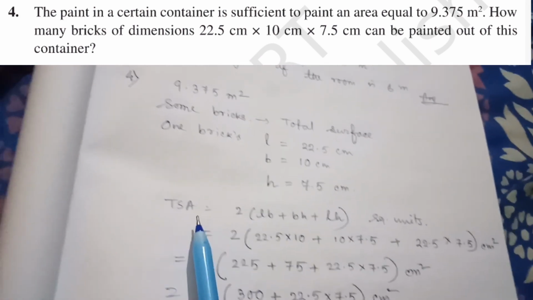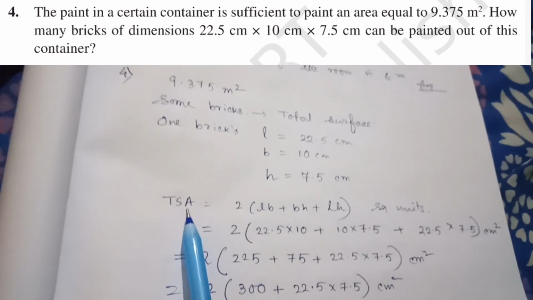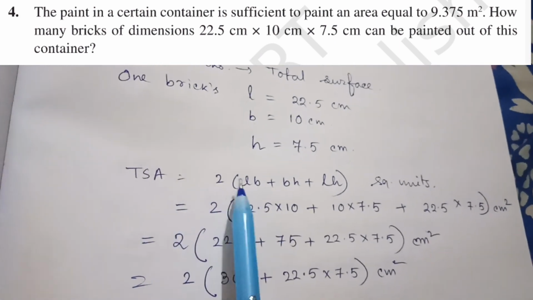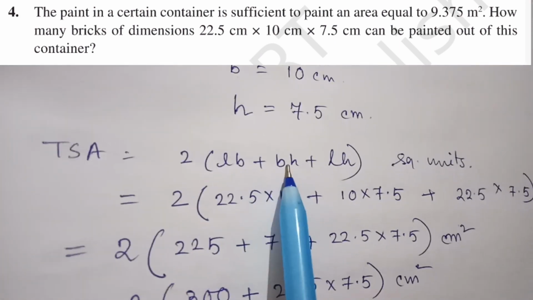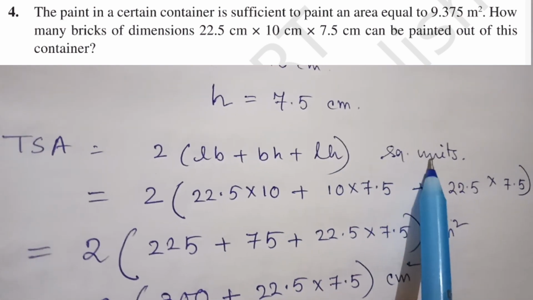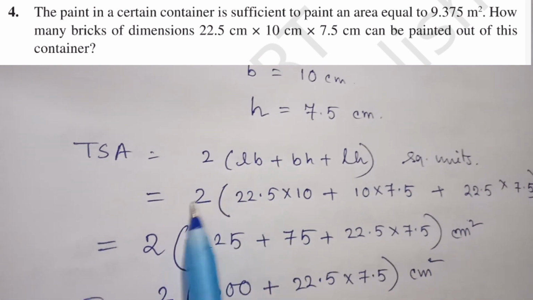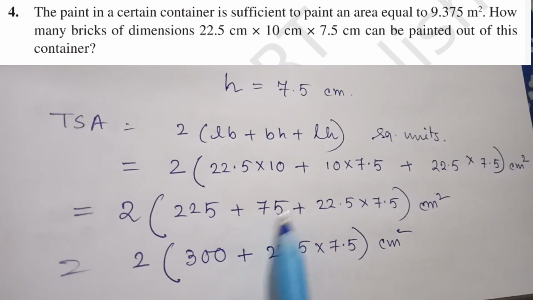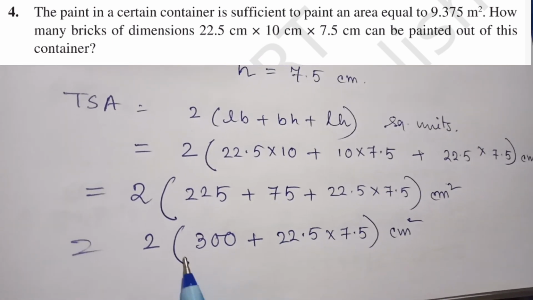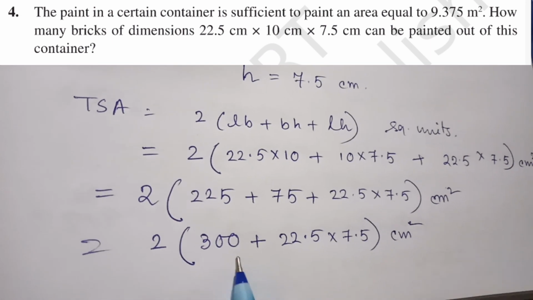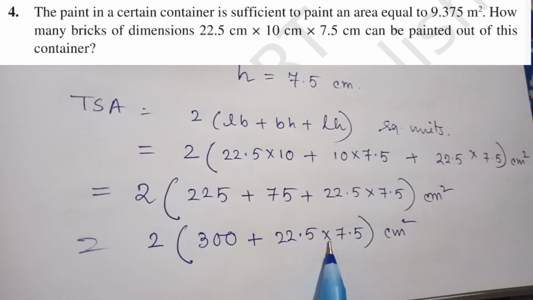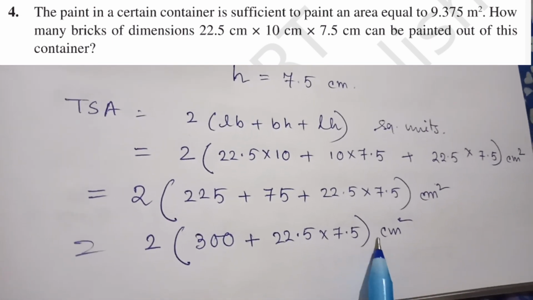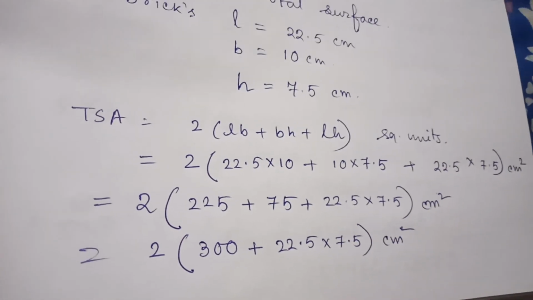Now we know that the TSA formula, total surface area formula, is 2 into (LB plus BH plus LH) square units. We are just putting the values over here, and then simplifying. So it's 2 into (300 plus 22.5 into 7.5) centimeters square.